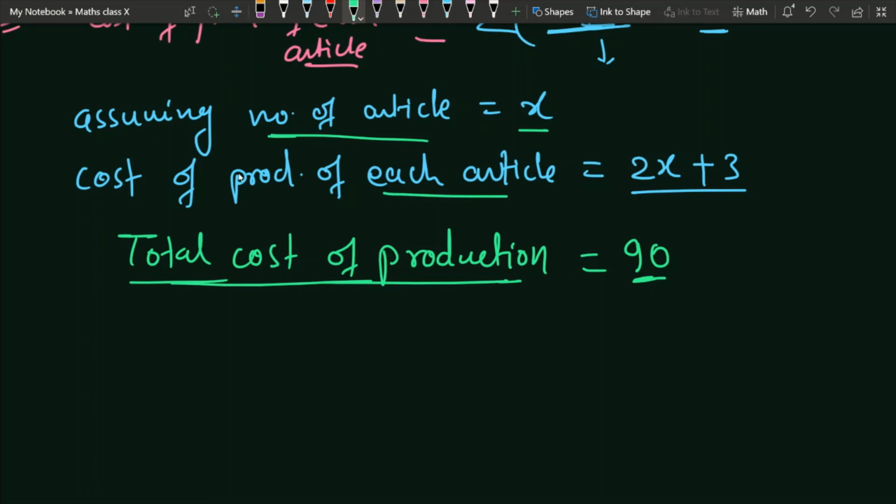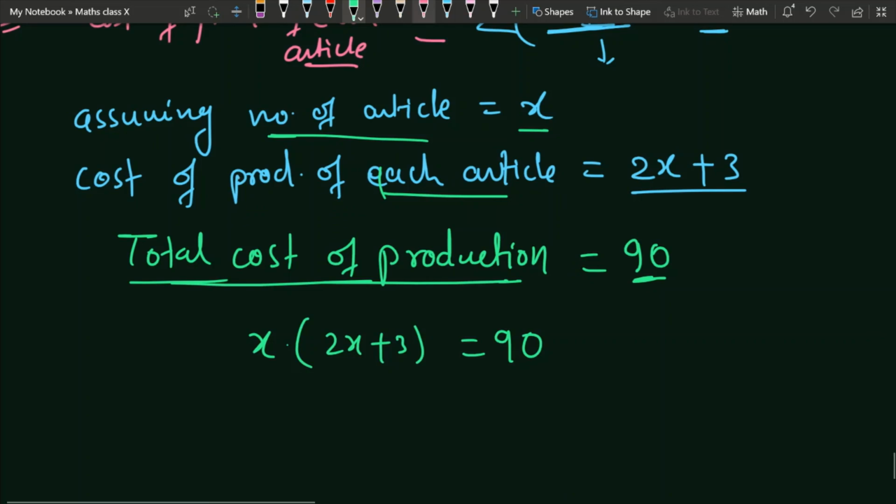Think about the situation. You have a total of 20 mangoes. The rate of one mango is 10 rupees. So the total will be 10 into 20. So the number of articles is x, the cost of one article is 2x plus 3. The total cost of production will be x into 2x plus 3 is equal to 90.